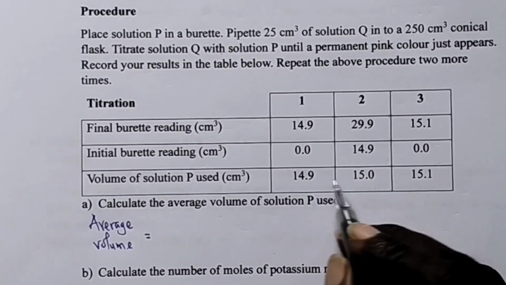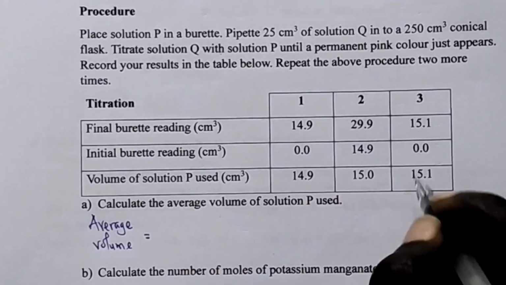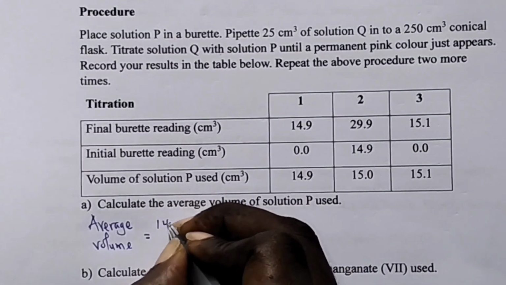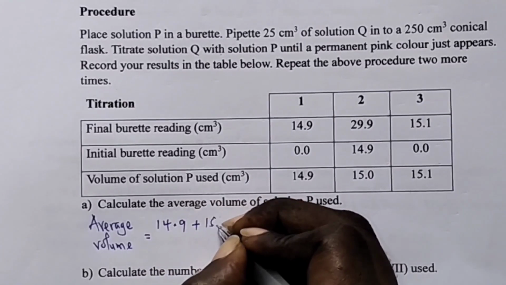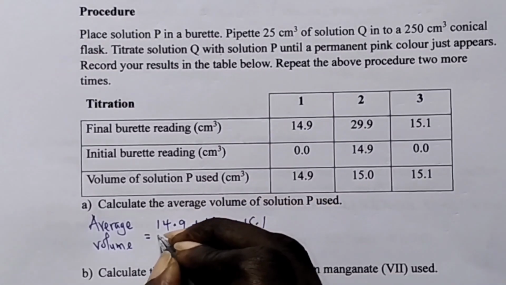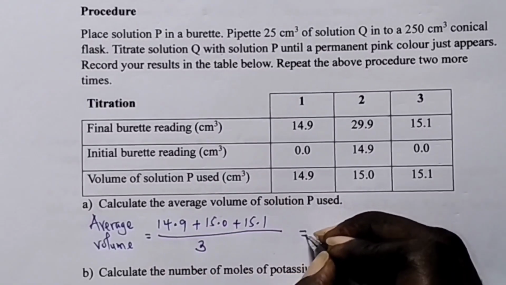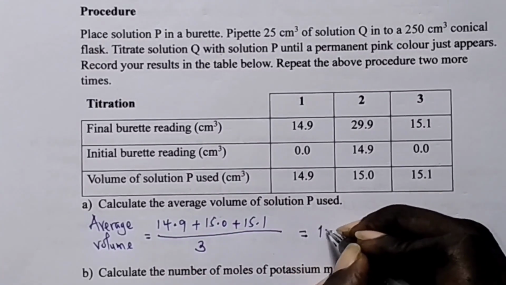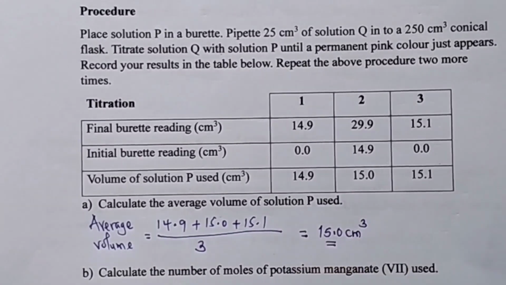So all of them can be added and divided by the number of trials or the number of titrations. So we're going to say 14.9 for the first titration, plus 15.0, plus the third one 15.1, divided by the 3 attempts. So this one will give us 15.0 cm³. That's how we are going to calculate the average volume of solution B used.